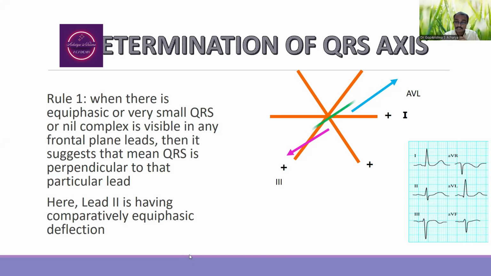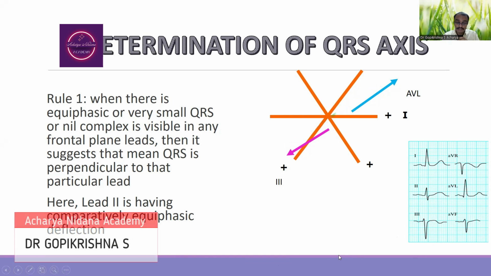This is what we can say is the electrical axis. This particular lead is having the equiphasic deflection, so it will be perpendicular to that particular lead only.